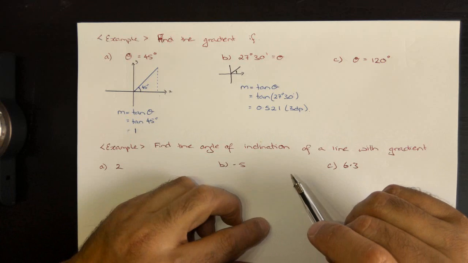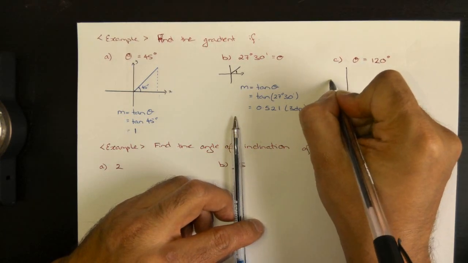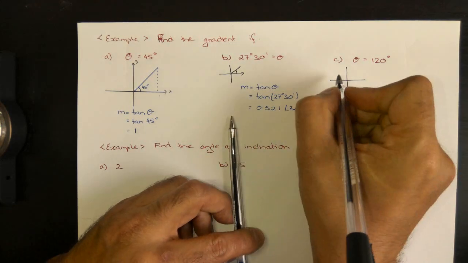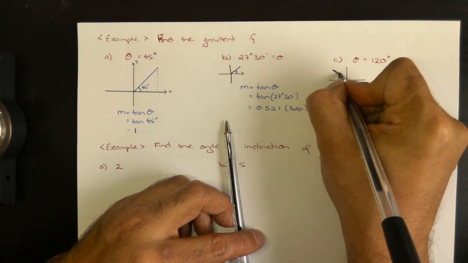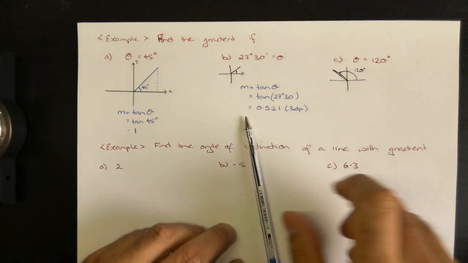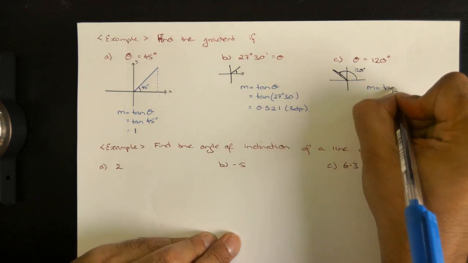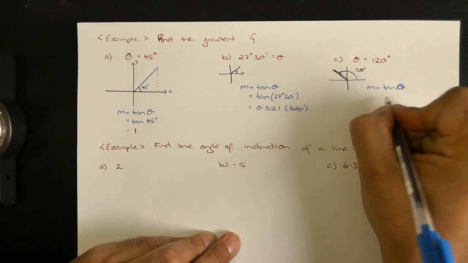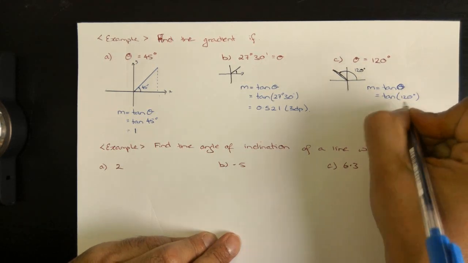Right, let's talk about this one. We've now got this being 120 degrees. So using that formula, m equals tan theta, and theta in this situation is 120 degrees.